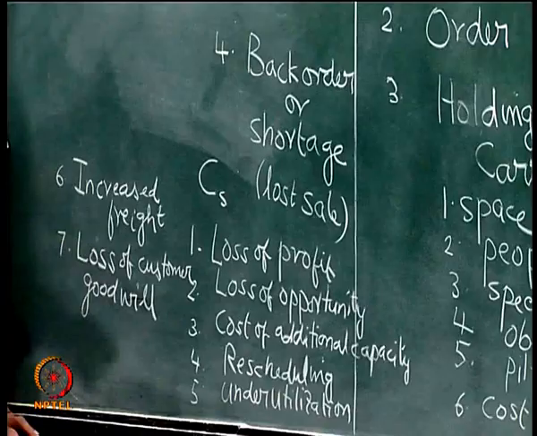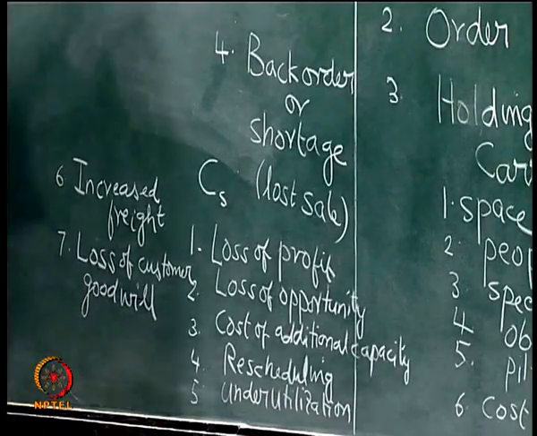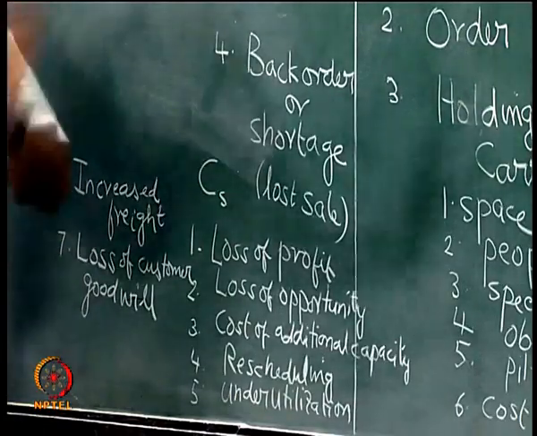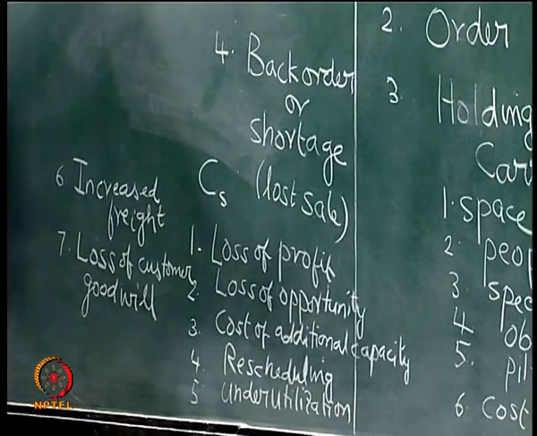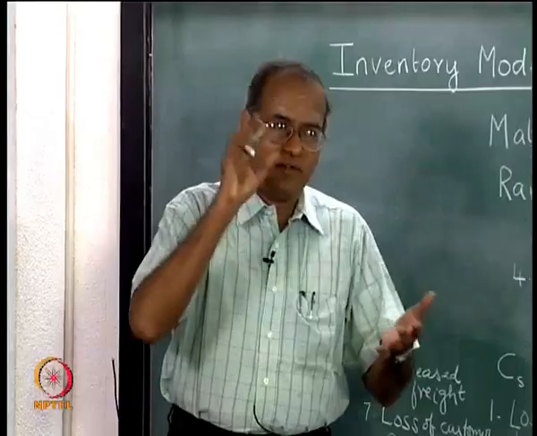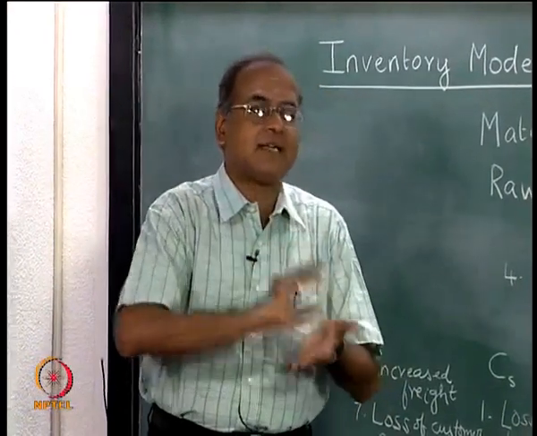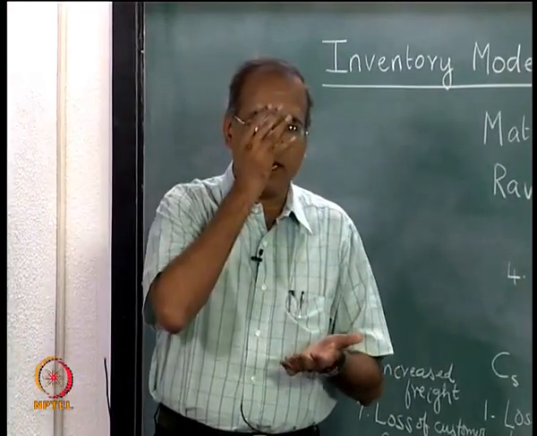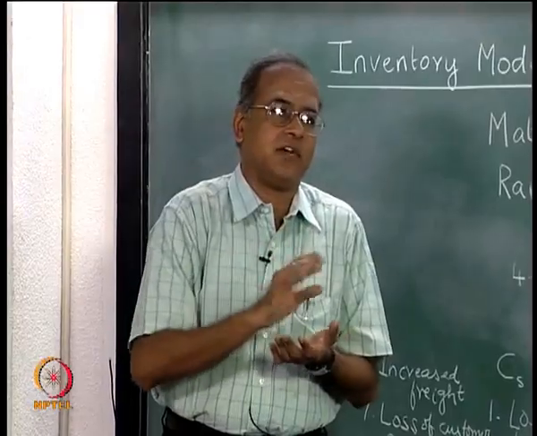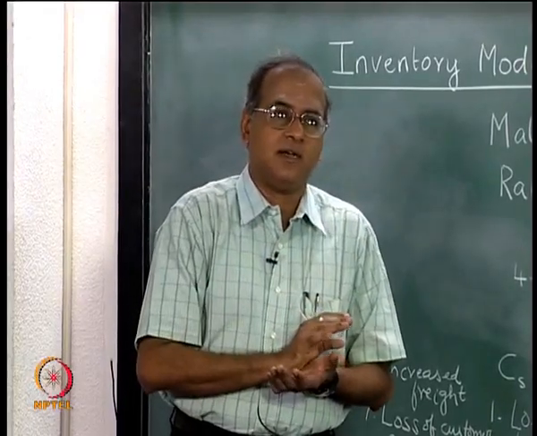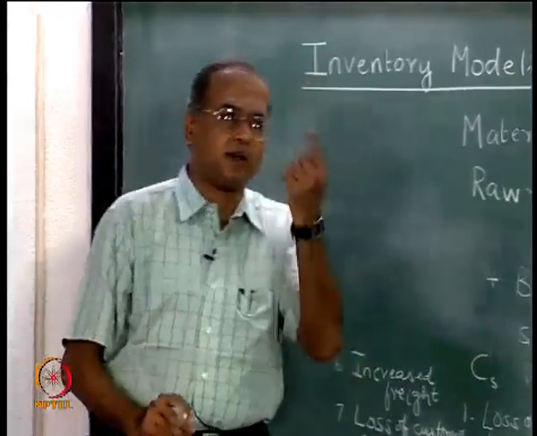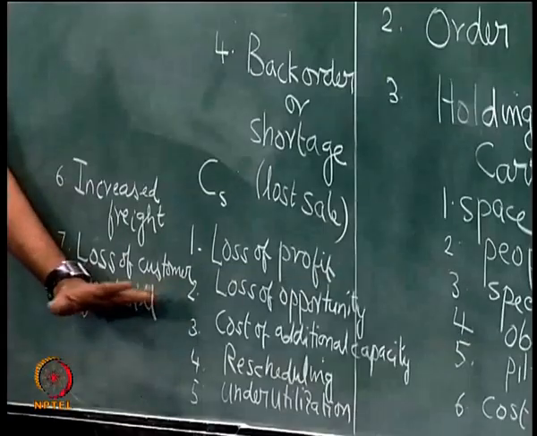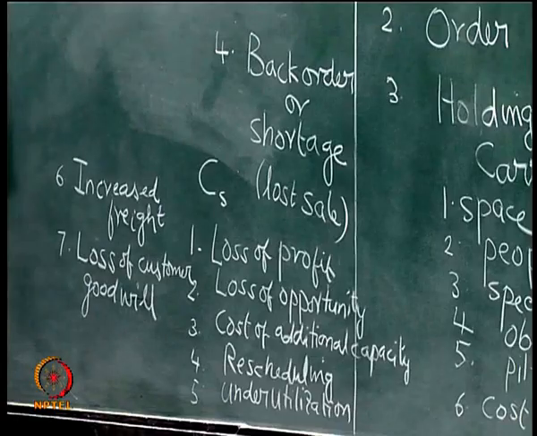One cannot say that my cost of goodwill is so many rupees per day delayed. Every organization knows that this cost is high, and every organization wishes to treat this cost as high, so that we do not compromise on that or we do not take that for granted. At the same time, almost no organization can accurately estimate what is the cost of loss of customer goodwill.